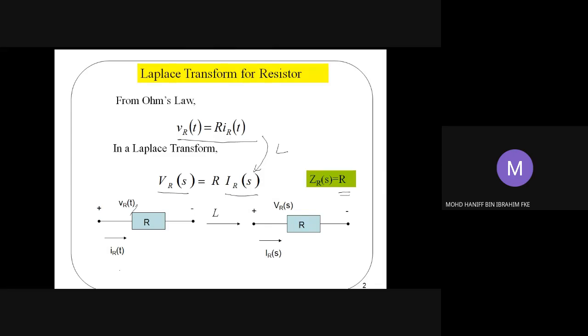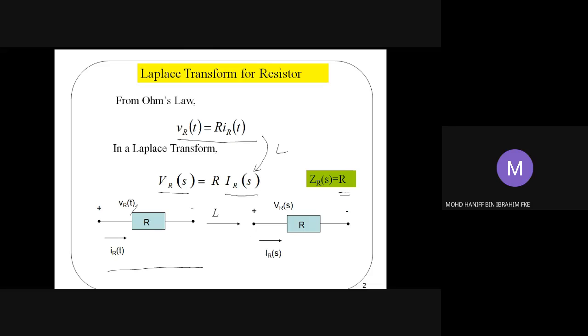This is your circuit transformation. Here is your circuit in time domain, with the resistor R, the voltage drop VR across the resistor, and the current flowing through it. When this circuit is transformed into the frequency domain, or S domain, we still have R, the voltage drop across the resistor is Vs, or VRs, and there is a current Is flowing through the resistor.